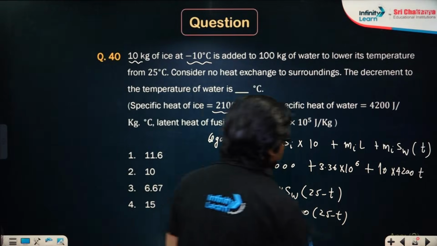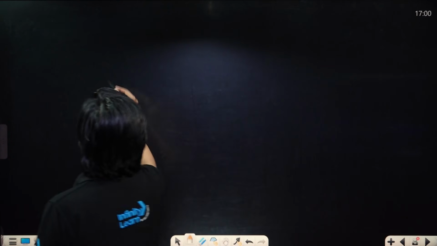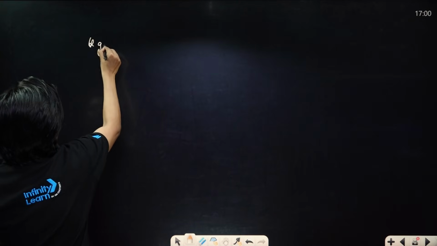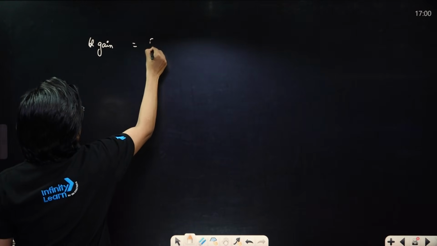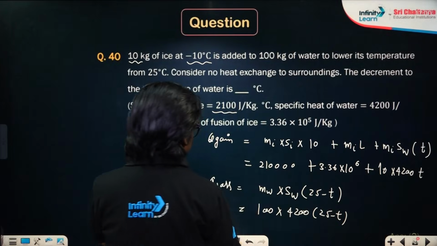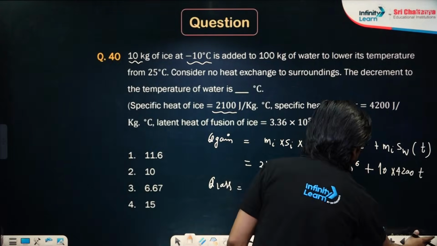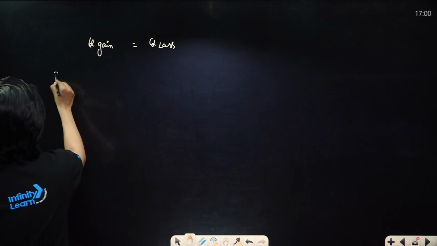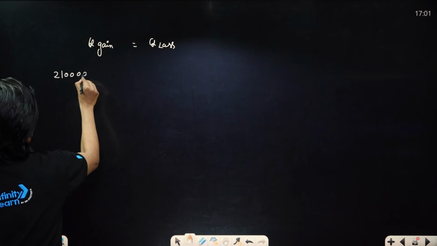Okay. Put both of them equal. If you put both of them equal, Q gain equal to Q loss. You do that. What you are going to get? 21. Okay, so there is some calculation you need to do.